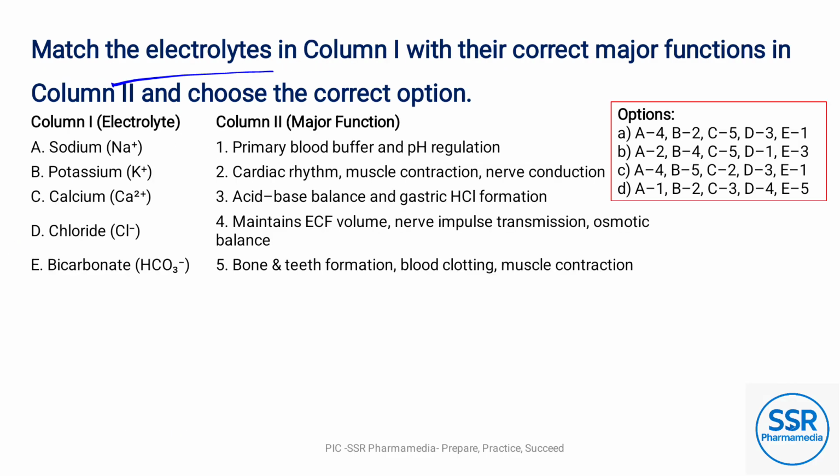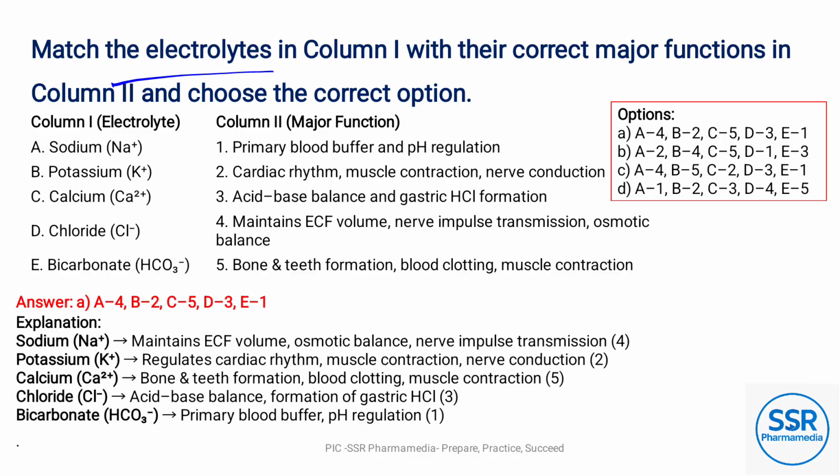Match the electrolytes in column 1 with their correct major functions in column 2 and choose the correct option. The answer is option A. Sodium maintains extracellular volume and osmotic balance, and nerve impulse transmission. Potassium maintains cardiac rhythm, muscle contractions and nerve conduction.